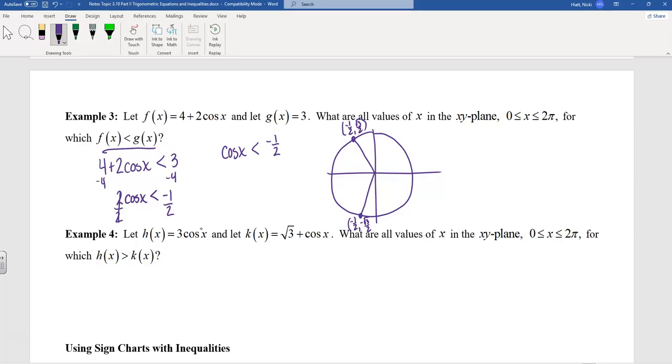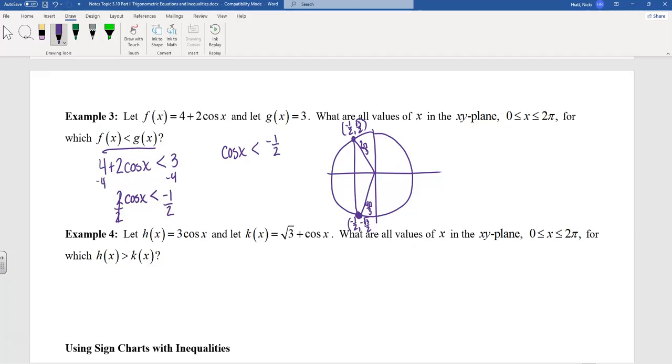Right, and this is at 2 pi over 3 and 4 pi over 3. So connect them with a line. Didn't draw them quite right, but connect them with a line.